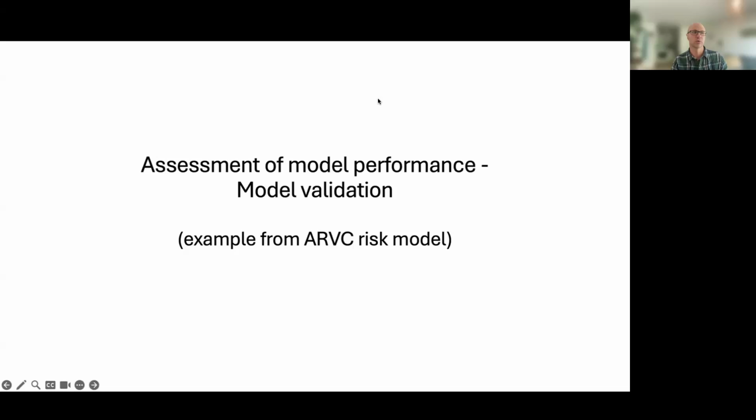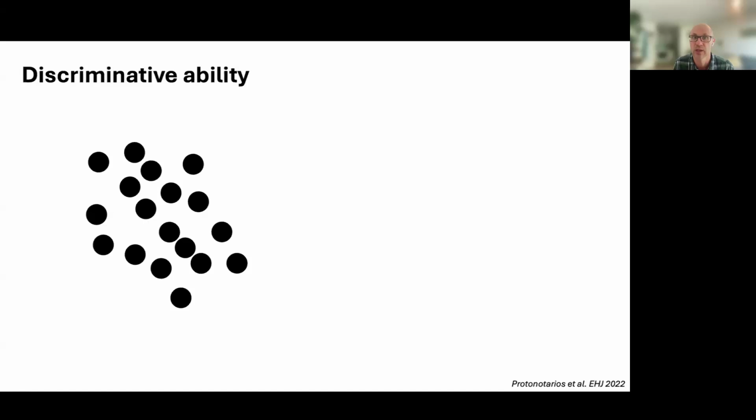That's called overfitting, and that's receiving a lot of attention recently, but also for sure in the last many years, really. Right, so I want a model that can predict well in new patients.